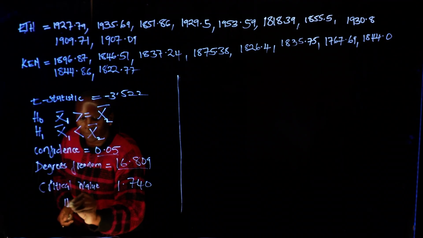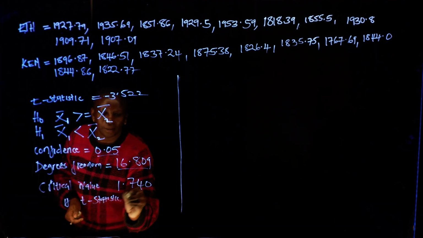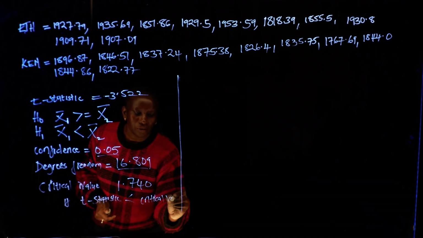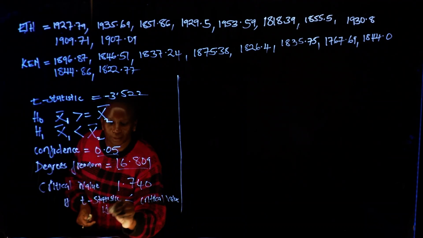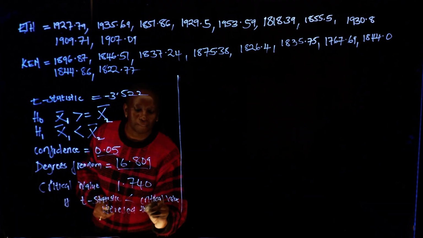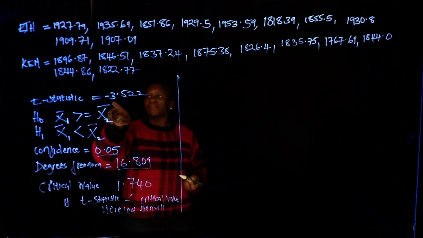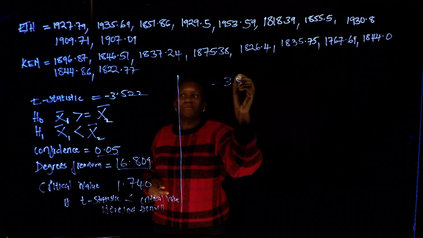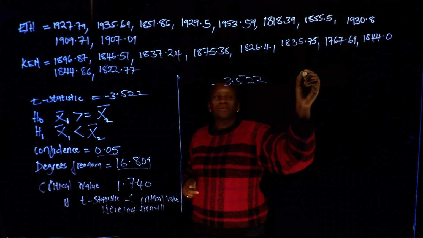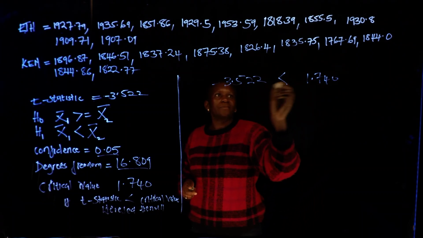So in this case, we have gotten our T-statistic to be negative 3.522, which if you compare it with our critical value of 1.740, then you could say that this value is less than 1.740.